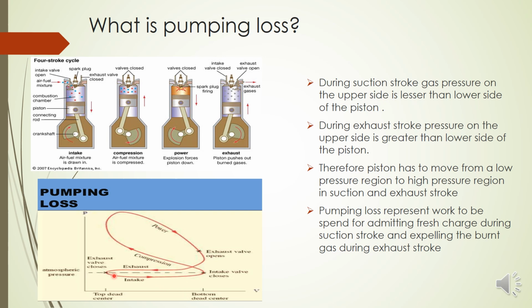You can see at suction the pressure is less than atmospheric, and at exhaust the pressure is greater than atmospheric. This line is the atmospheric pressure. So the area between these two represents the work we have to give to the engine for running these two strokes. So that is the pumping power or pumping loss.